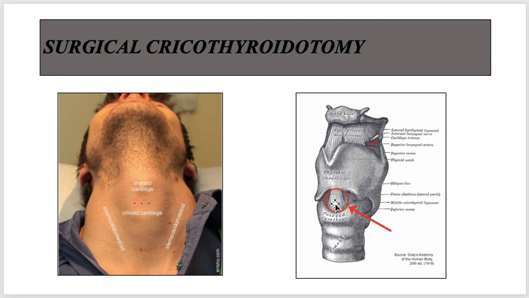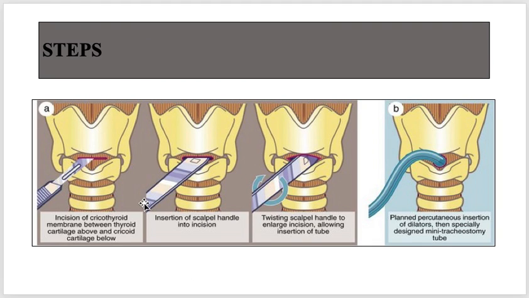You can see over here, they make a cut. So you can see these are the steps. They make a small cut and then they pass a mini tracheostomy tube. But the main point is, of course, to maintain the airway.